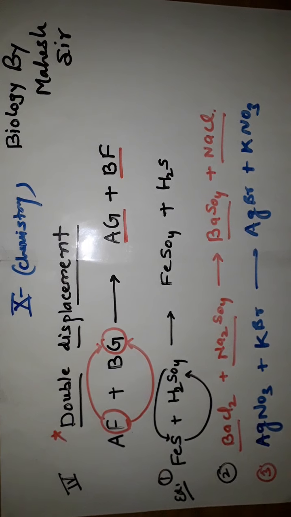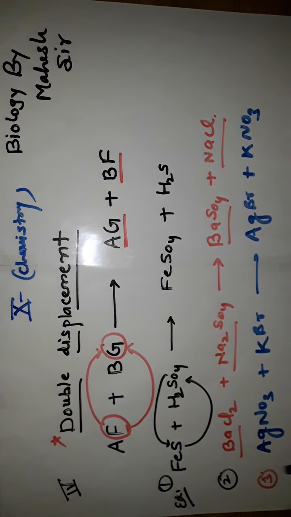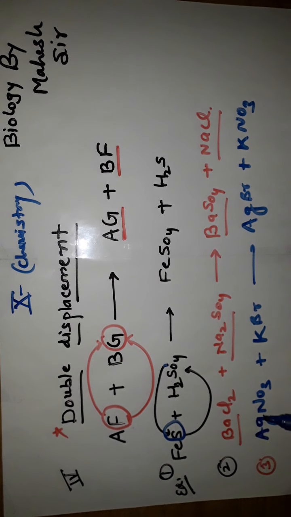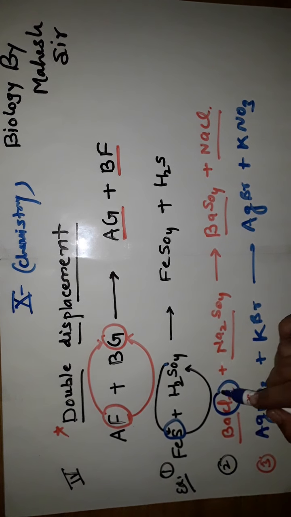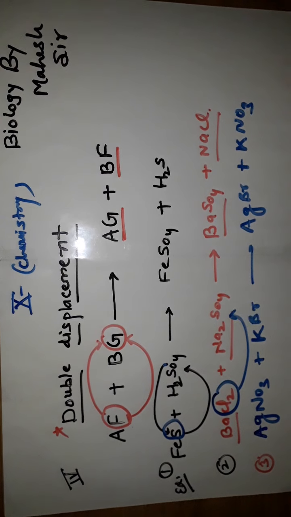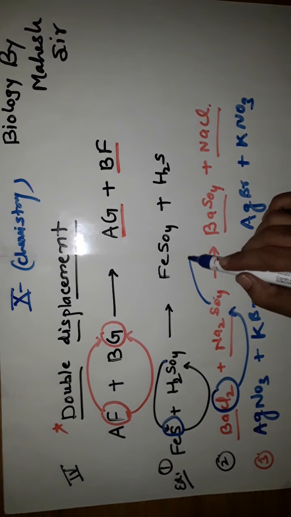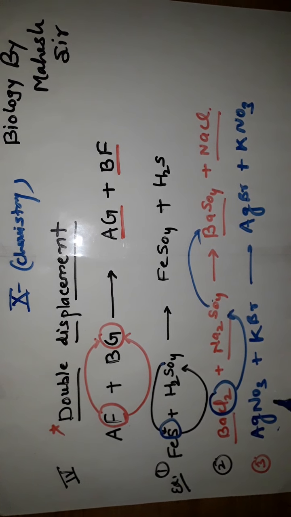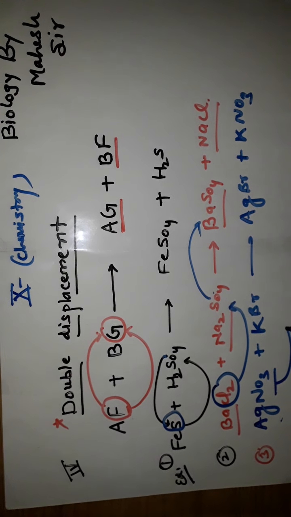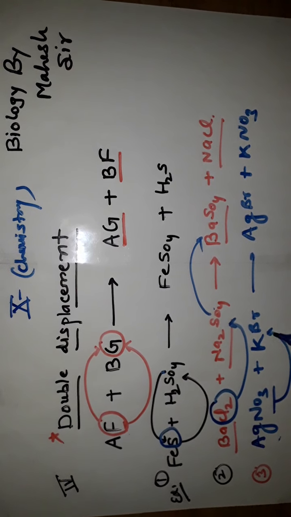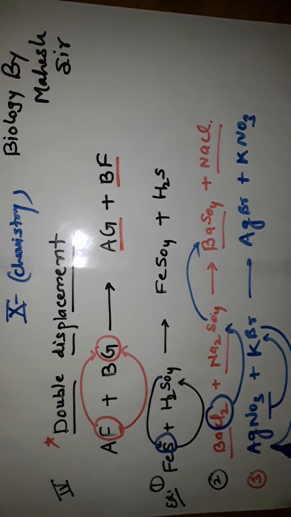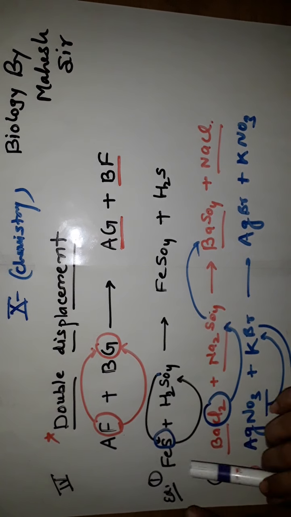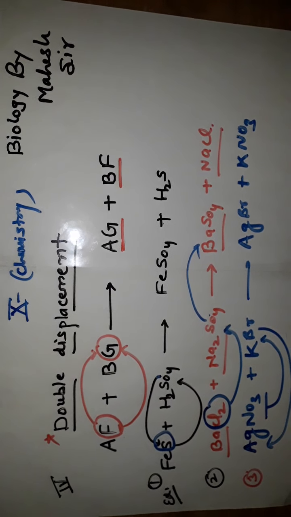So in this process we can clearly observe that one functional group moves to the other. In the second example, Cl2 is moved to the sodium and sulfate is moved to the barium. Now in the third example, NO3 moved to the K or potassium and Br is moved to the Ag. So these are three examples of double displacement reaction where the two functional groups move their position.